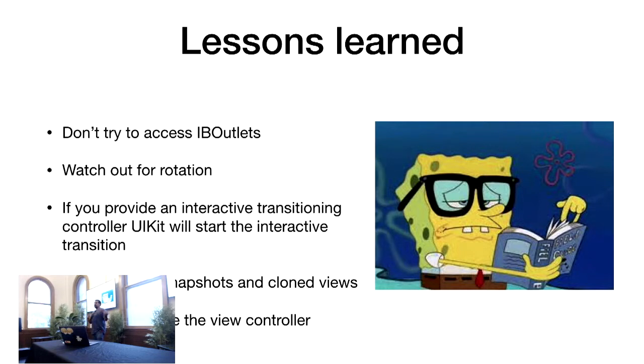So there needs to be certain logic that tracks whether an interactive transition started or not, and if there's no interactive transition that started, you can return just nil, so that UIKit can just use the regular progress of the animation.